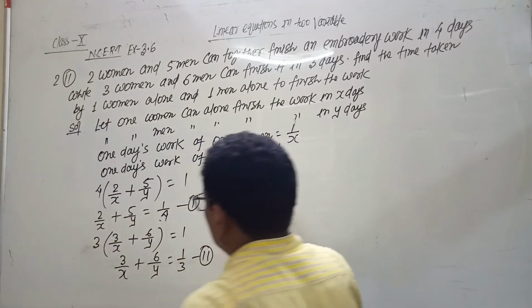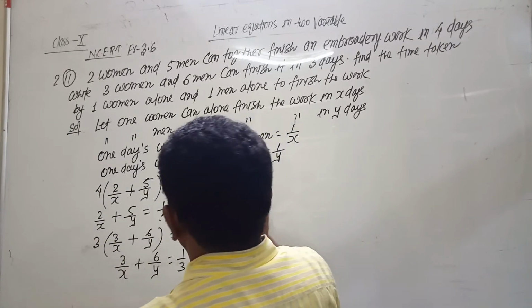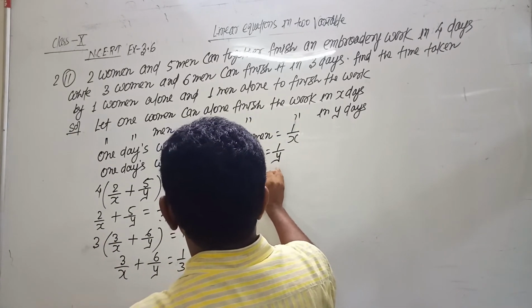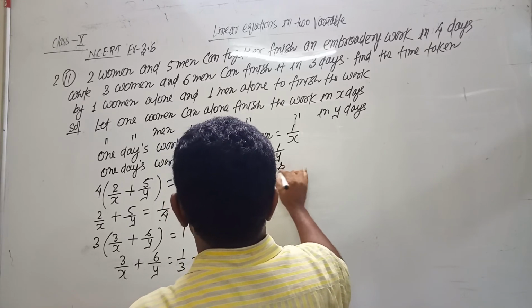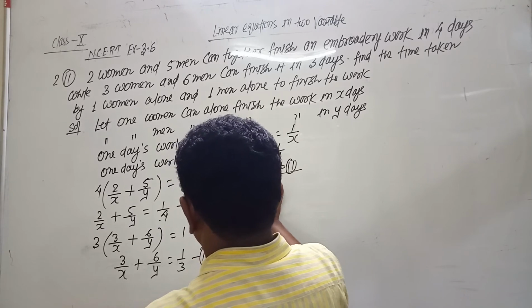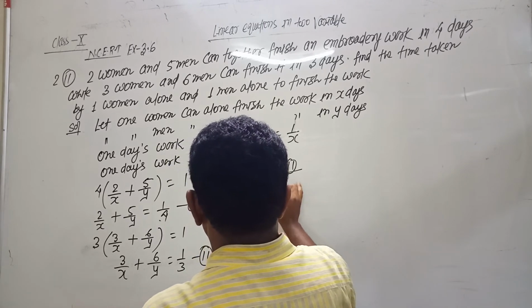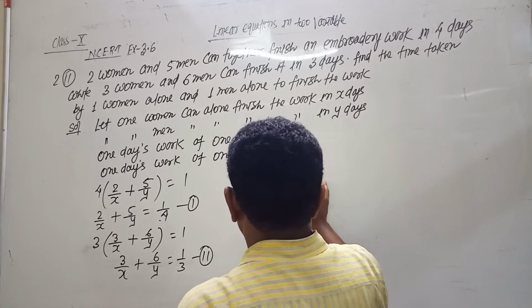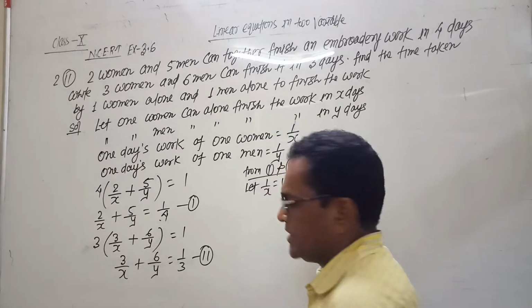Now solve both the equations. From first and second, let 1 by x equals u and 1 by y equals v.